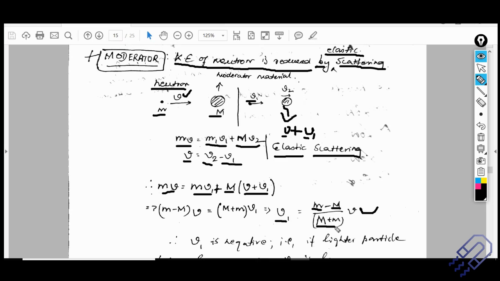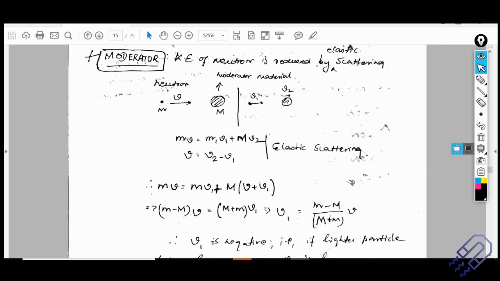Initially, when scientists tried to understand what kind of moderator can be used in a nuclear reactor, they did this calculation, and based on the mass of the atom, they said that heavy water should be a good example. Then they used heavy water and found that yes, the neutron slows down further. If you look here, let's say this small m is not the neutron but any mass m.